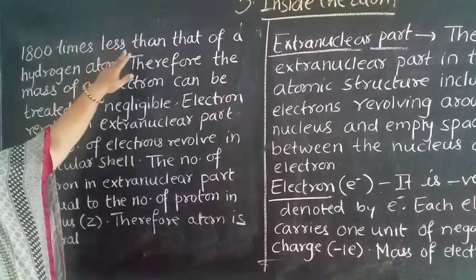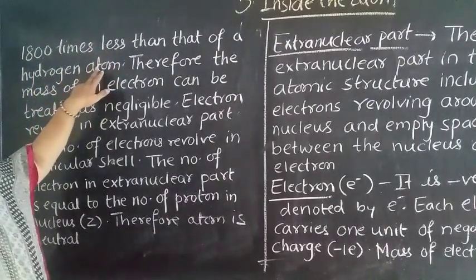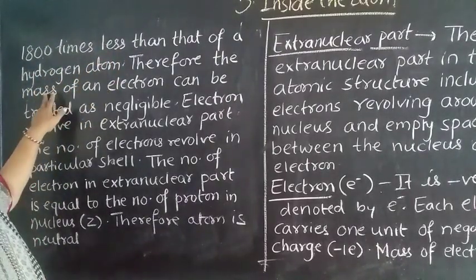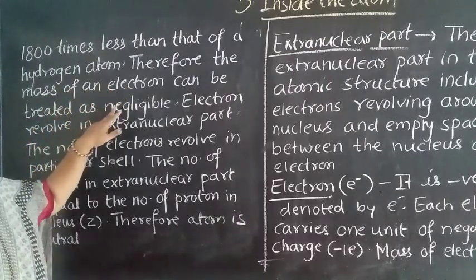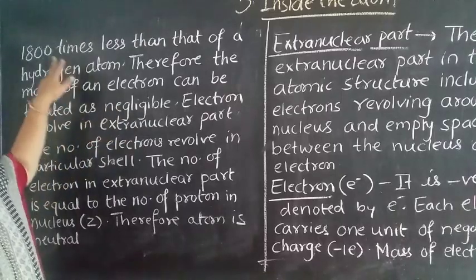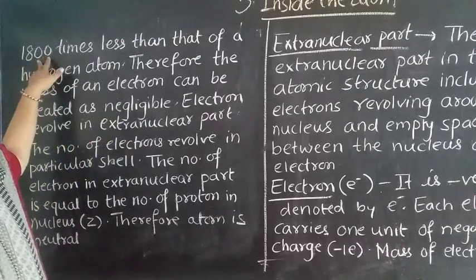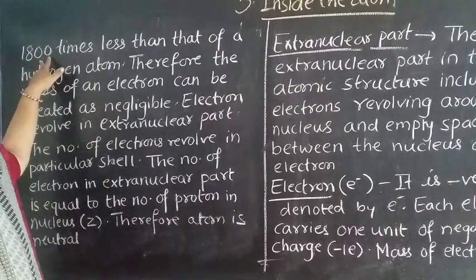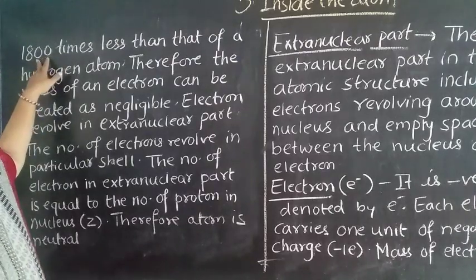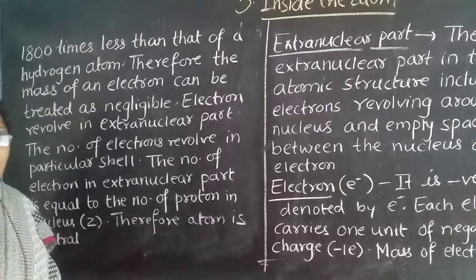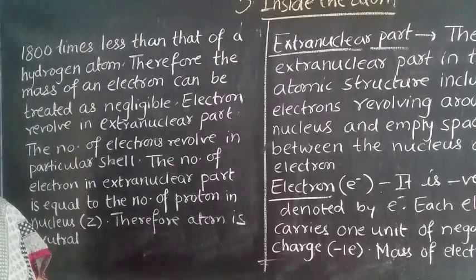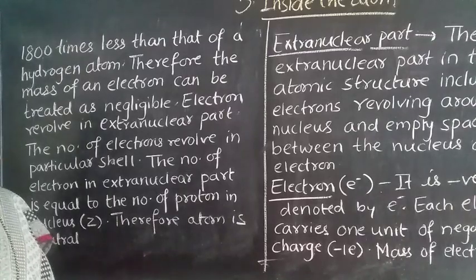The mass of the electron is 1800 times less than that of the hydrogen atom, and we know that the mass of the hydrogen atom is 1 U. Therefore, the mass of an electron can be treated as almost negligible.